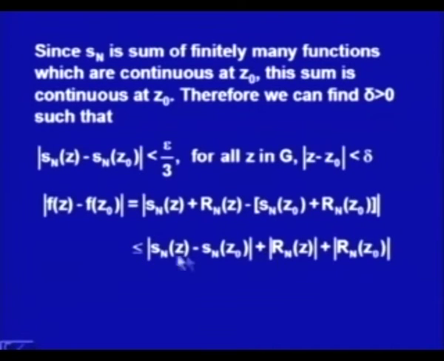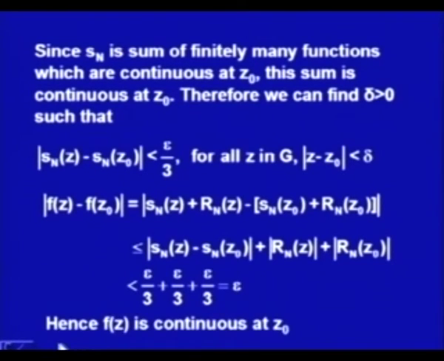Now, this modulus is taken as less than epsilon by 3, since the series is uniformly convergent, and for z naught also this is less than epsilon by 3, and that makes modulus of f(z) minus f(z naught) less than epsilon. And this proves that f(z) is continuous at z naught.